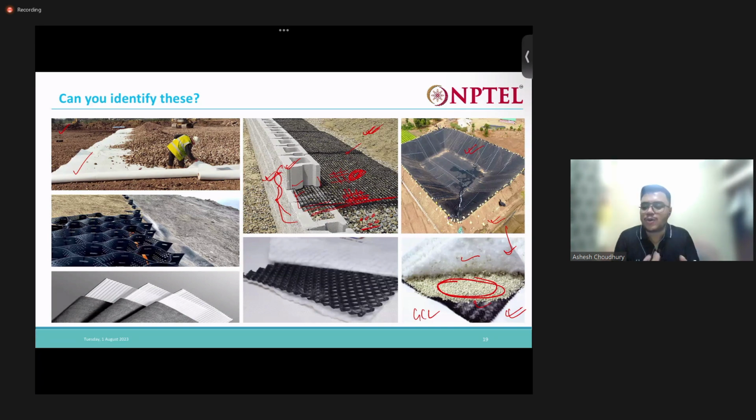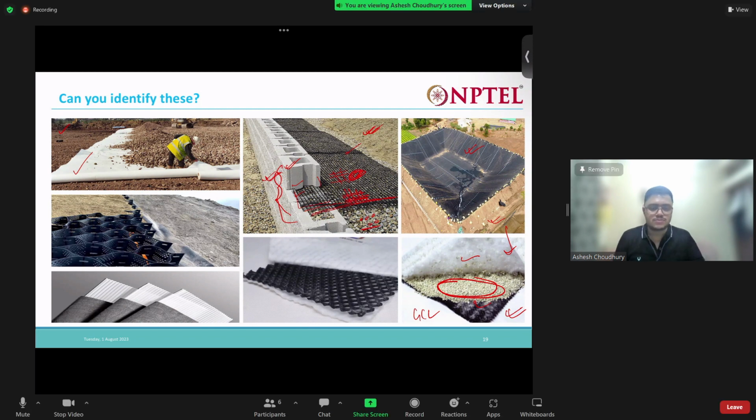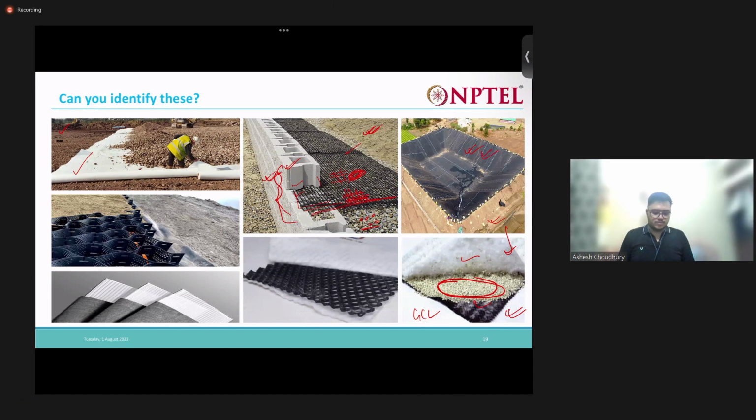So can anyone tell me why geomembranes are used? For what purpose is geomembrane used here? You can see this pond kind of thing, right? It seems like we will be storing something here, and this is lined by this black color material.